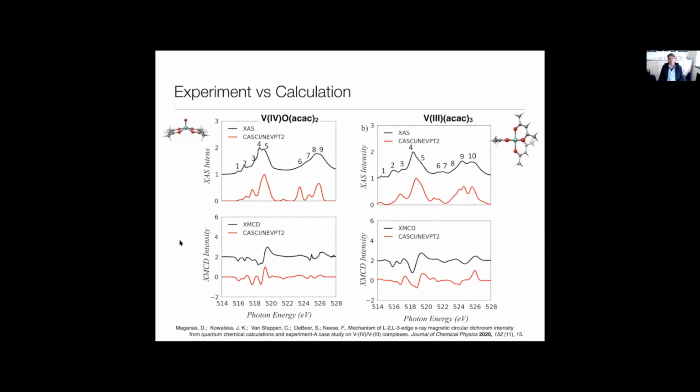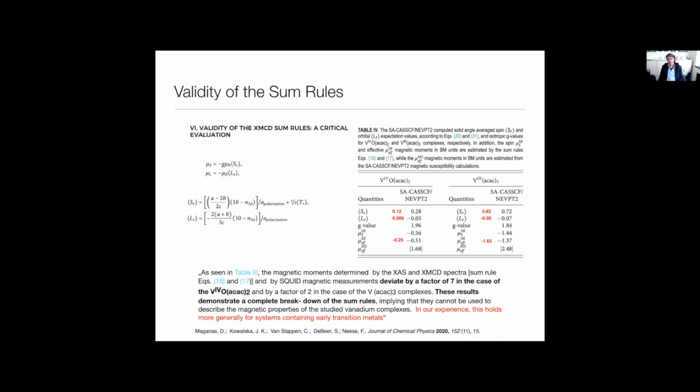That already proves that there is a nice, accurate, usable theoretical tool to calculate XMCD spectra. In the process of the paper, we revisited something very prominent in the field of XMCD, and that is the validity of the sum rules, where from the experimental spectra, under a number of assumptions, expectation values for the spin and orbital magnetic moments can be derived.